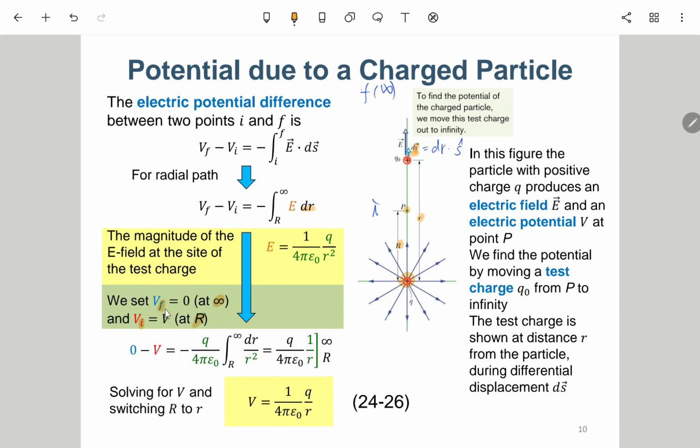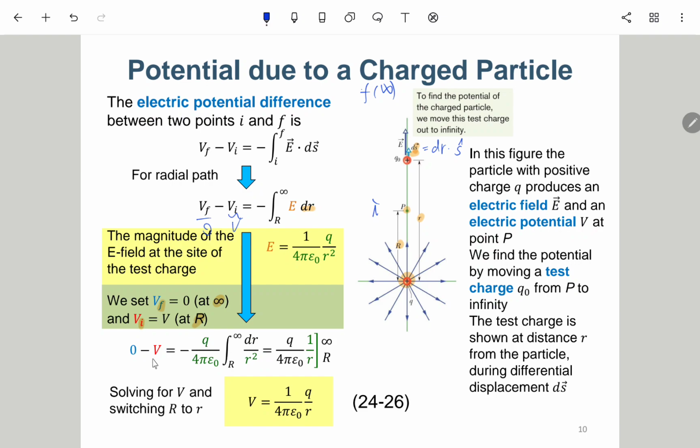For the initial point, this is what we would like to find, so we assume Vi is V. For VF, at infinitely far away, we assume the potential is 0, just like for a gravitational system. So VF equals 0 and Vi equals V. The negative signs cancel.